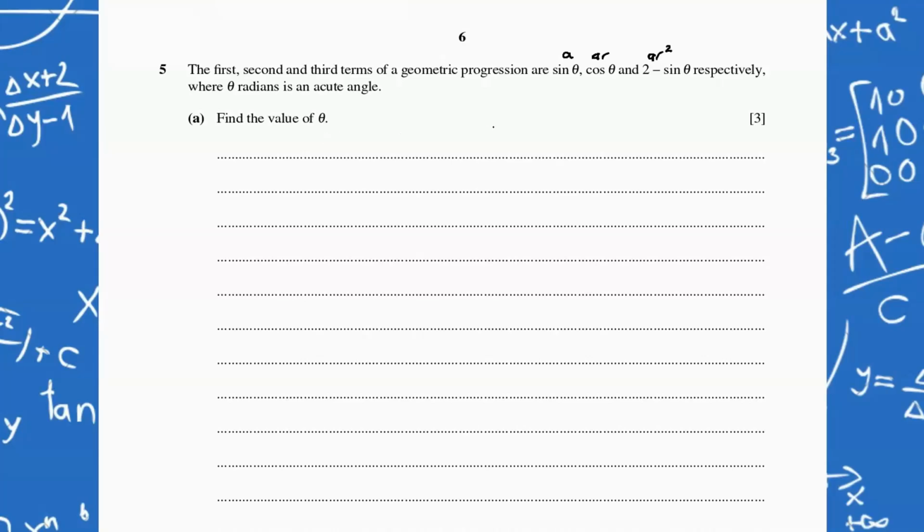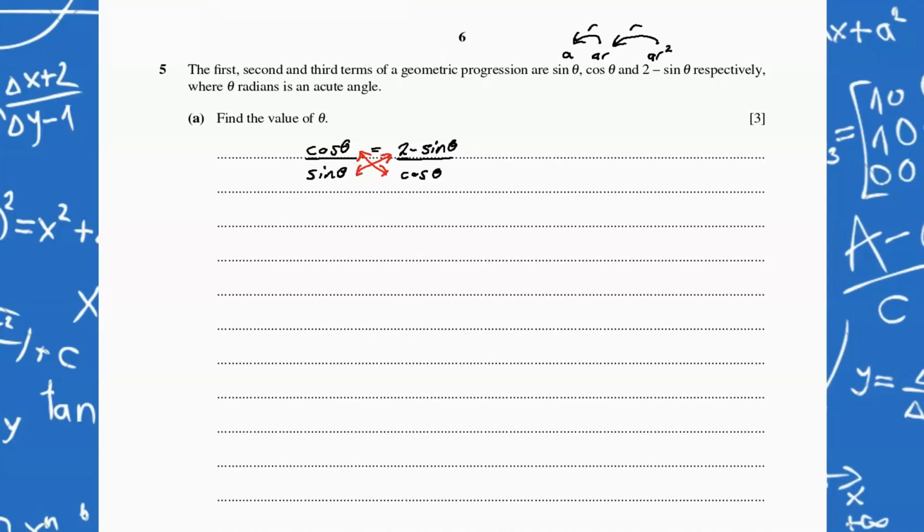So we know that cos theta over sine theta should be equal to 2 minus sine theta over cos theta, because this over this gives us r, and this over this gives us r. So these two should be the same, and from here we can cross multiply.